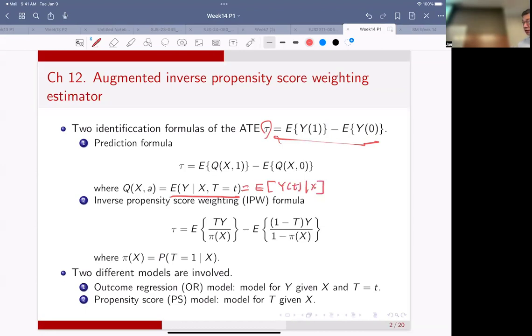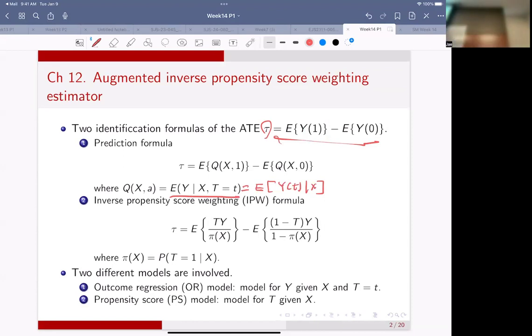This is what we really want to compute, but we don't observe the potential outcome, so we use this one to estimate tau. Another formula uses the inverse probability weighting method, which is essentially Horvitz-Thompson estimation. This Horvitz-Thompson idea can be used to estimate the parameter of interest, tau.